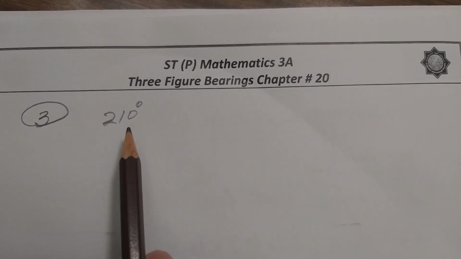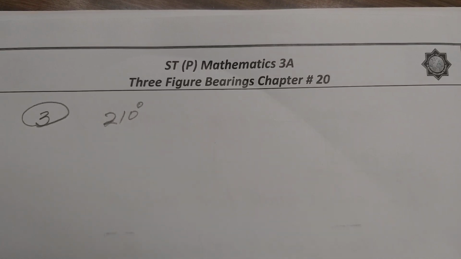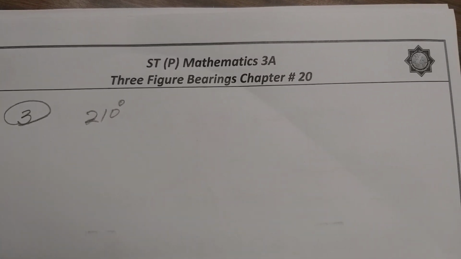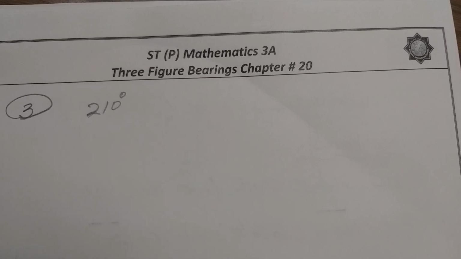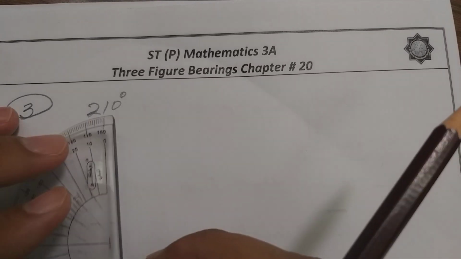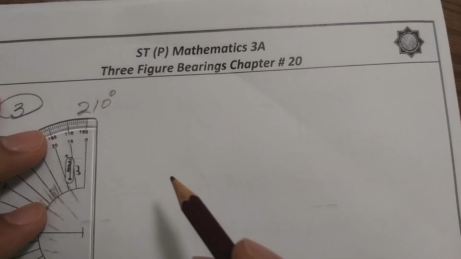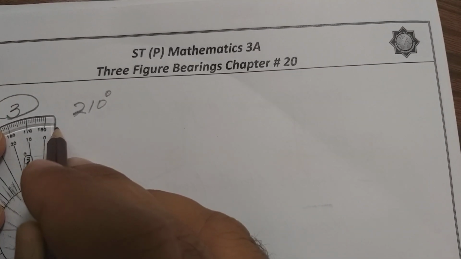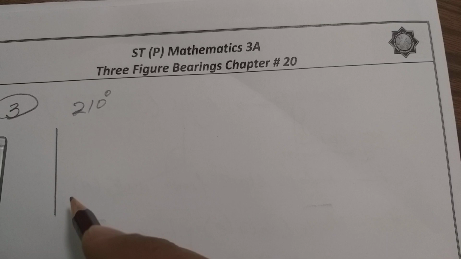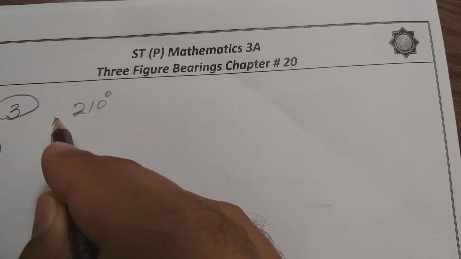Now we need to find the direction of 210. So first of all, you should remember the compass. We need to find the direction of B from A. I draw the line. Let's suppose I have the line here. This is the north point.